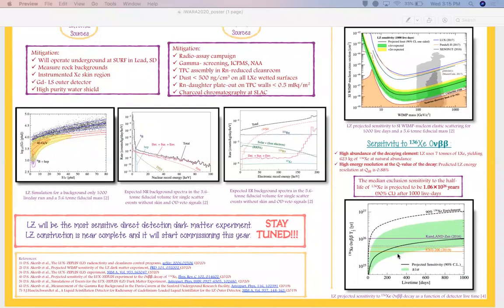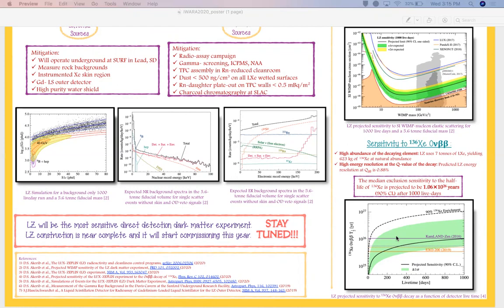In this plot, the LZ projected sensitivity to xenon-136 neutrinoless double beta decay is shown by the black solid line. The plus minus sigma statistical uncertainty on the sensitivity is represented by green. After 1000 live days, the expected median exclusion sensitivity for xenon-136 is of the order of 10 to the power 26 years.